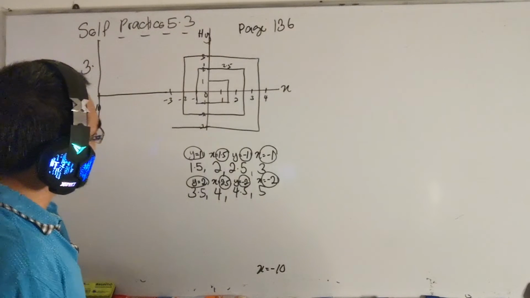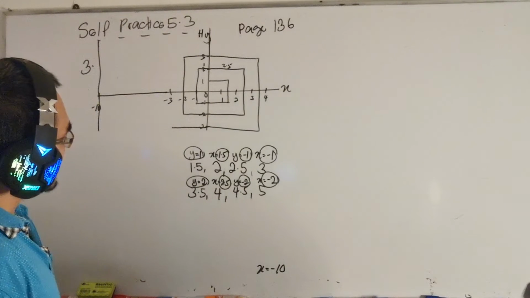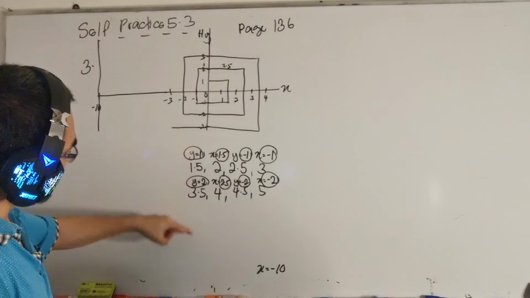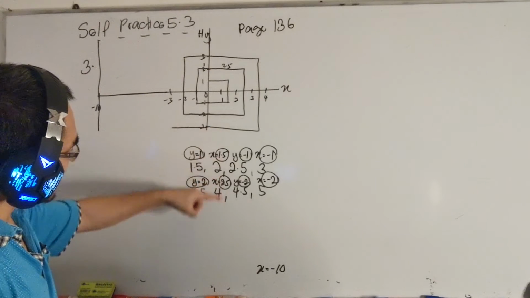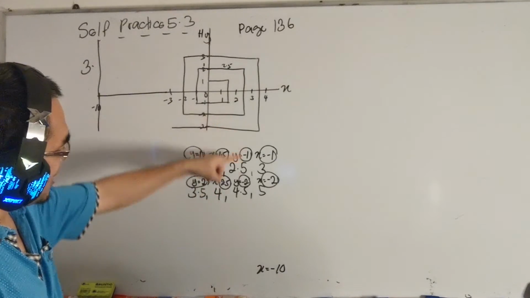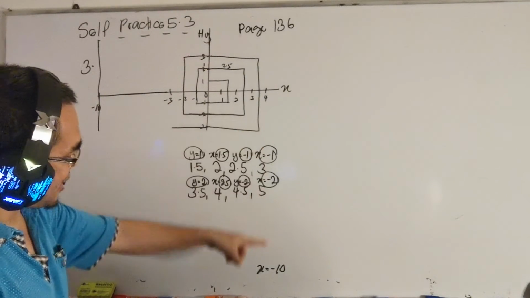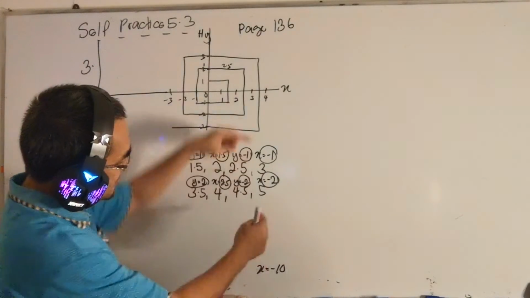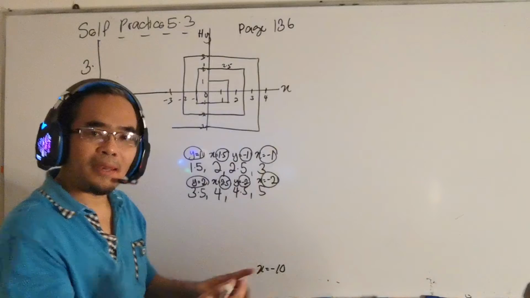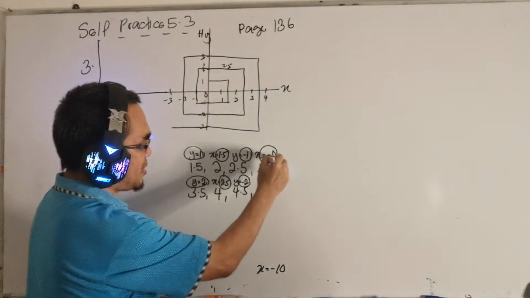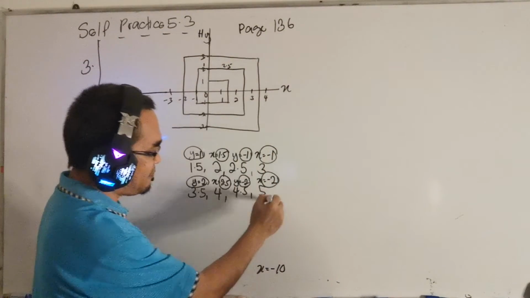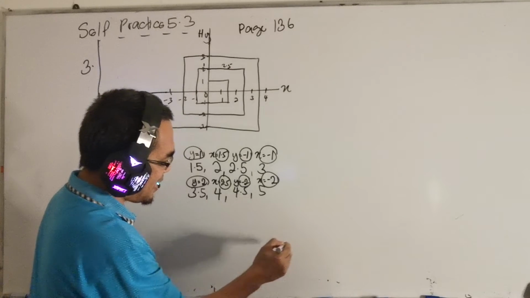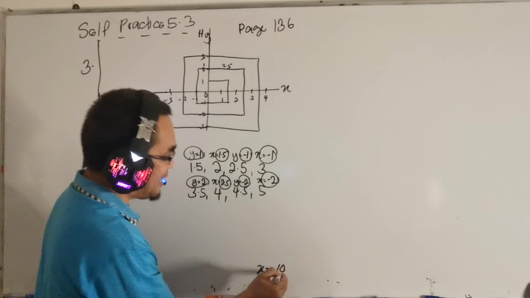So what we can do is arrange each of these four parts. Because at the end here, there are 10 numbers: x equals negative 1, negative 2, negative 3, negative 4, negative 5, negative 6, 7, negative 8, negative 9, negative 10.